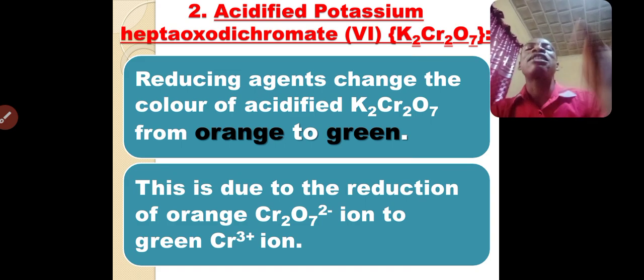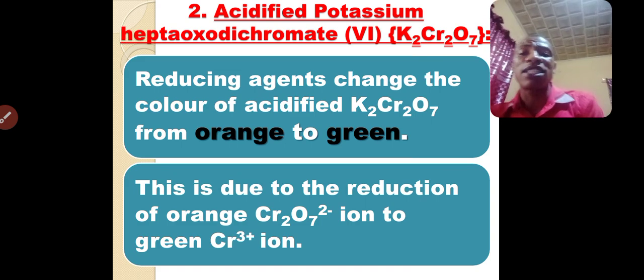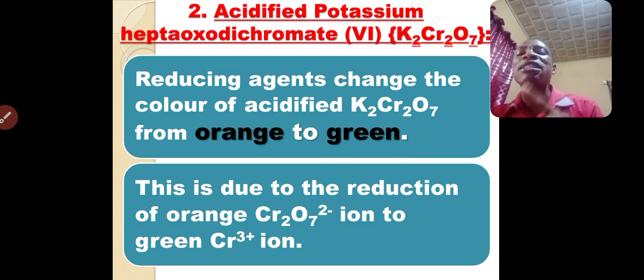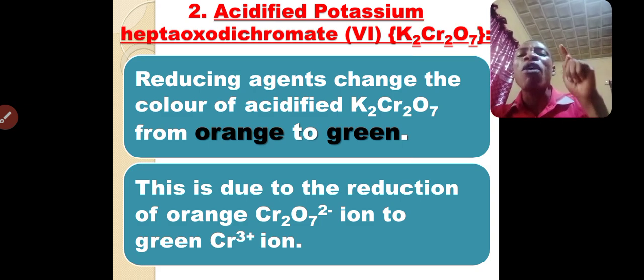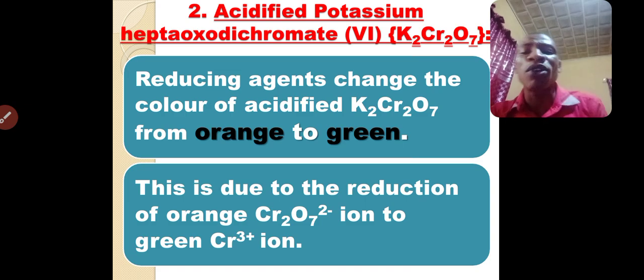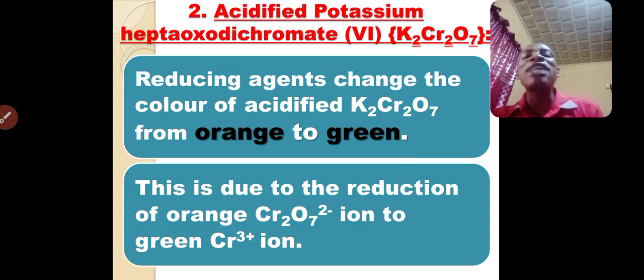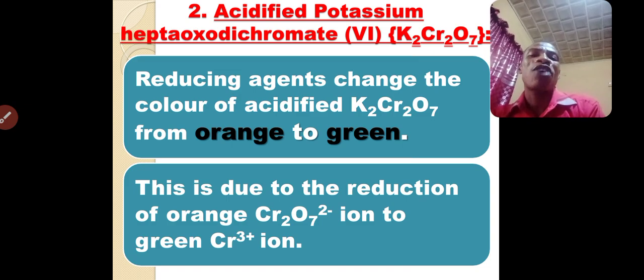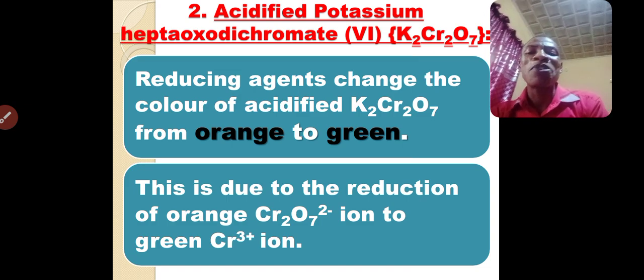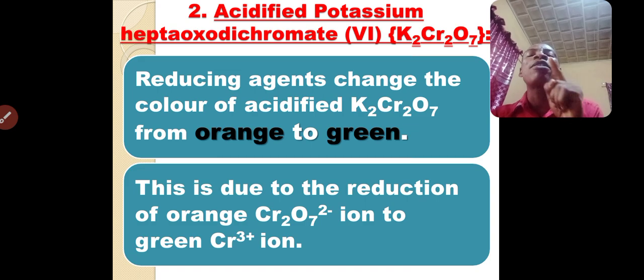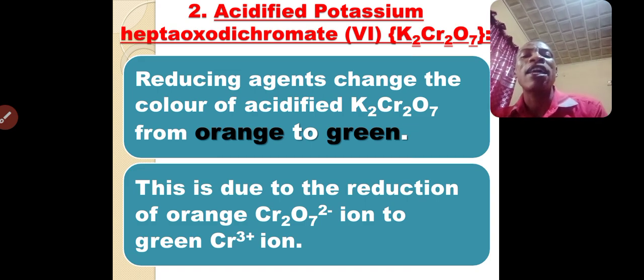That's a sign that the compound is a reducing agent, and the chemistry behind that is that the Cr2O72- that has orange color will be converted to green chromium 3 ion.